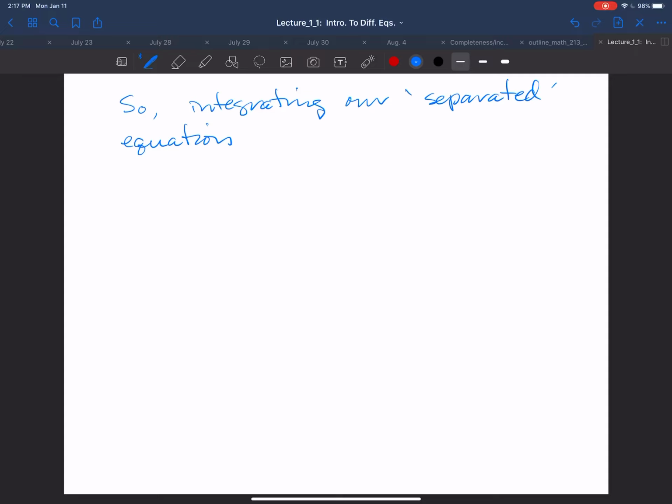If we now apply our partial fractions decomposition to the left-hand side, which depended on x, we find that the integral of the left-hand side is the integral of 1 over a over x plus the integral of b over a over a minus bx. And that has to be equal to the integral of dt. Again, we're talking about indefinite integrals here.